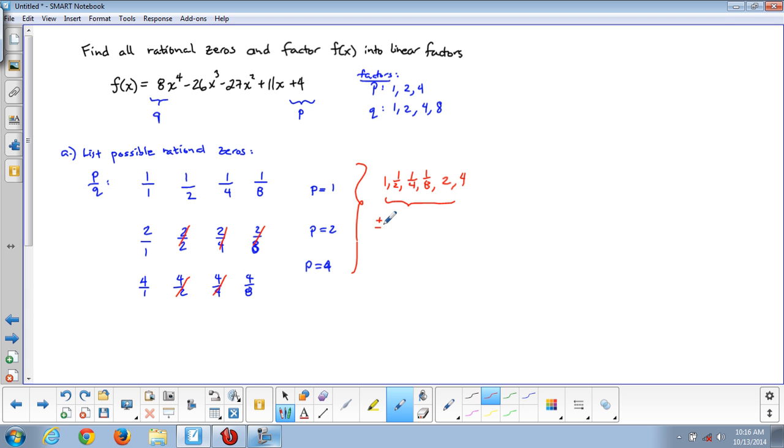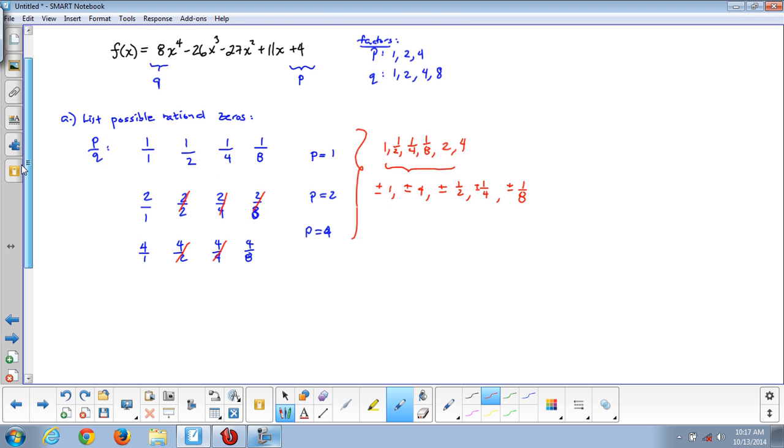The only thing is that you will want to make sure that we do put plus or minus in front of each one, because the rational zeros theorem indicates that it could be positive or negative of all these.